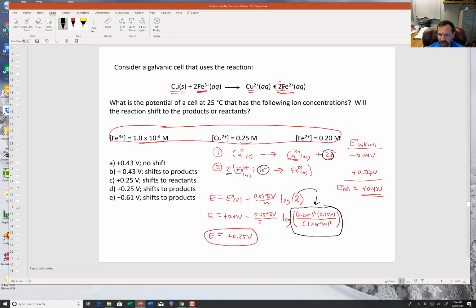We can see that the concentrations of products was higher than our concentration of reactants. Right, so we had 0.2 molar, 0.25 molar for our products, but this 1 times 10 to the minus 4th molar for our reactants. So fairly significant increase in concentration of products. So now we know that if Q is bigger, this is our standard state.